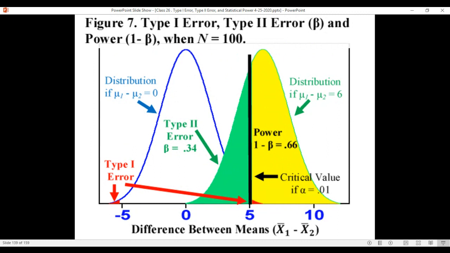On the right, sampling distribution when it is really true, which is the truth, that in the populations, the sample means really do differ by 6. Now, in this example, the red regions are very, very small because alpha is 0.01. But the green region is very large, indicating beta is 0.34, and power, the yellow region, is 0.66.